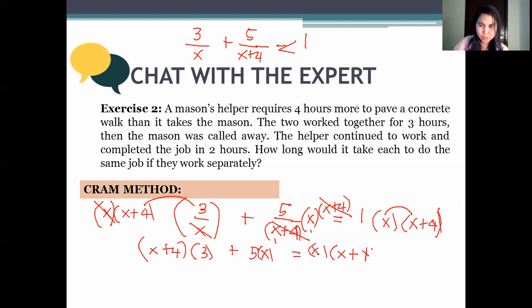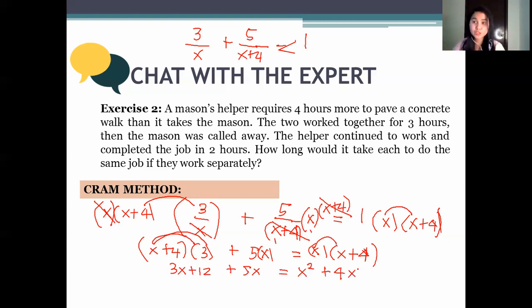Next, let's do the distributive property. 3x plus 12 plus 5x equals x squared plus 4x.